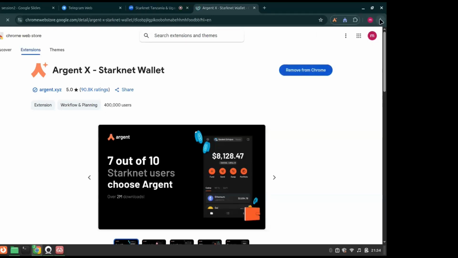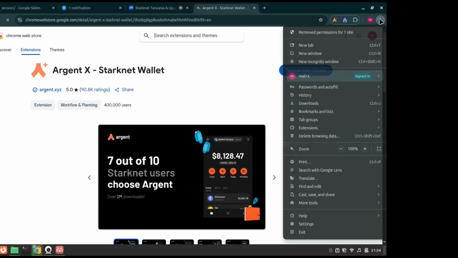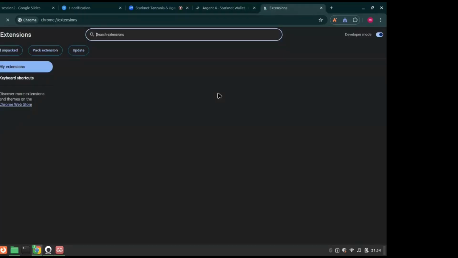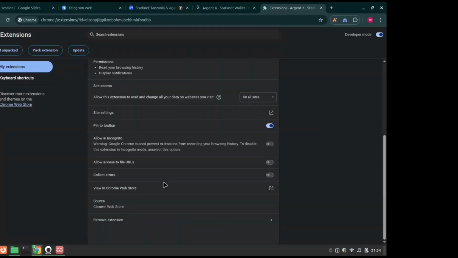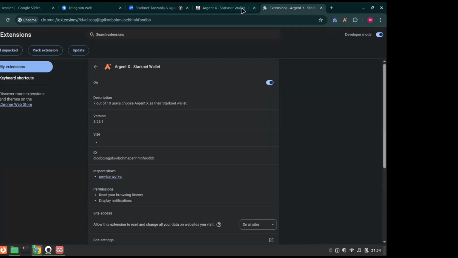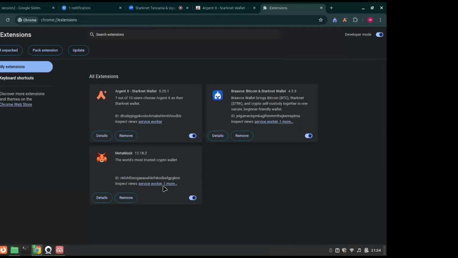Then as well you go to manage extensions, then it will tell you to pin it to the toolbar right here. When you pin it to the toolbar, it's visible. You can see that when I unpin, it becomes invisible. So I have to pin it back to be able to use it. So hopefully that was clear.